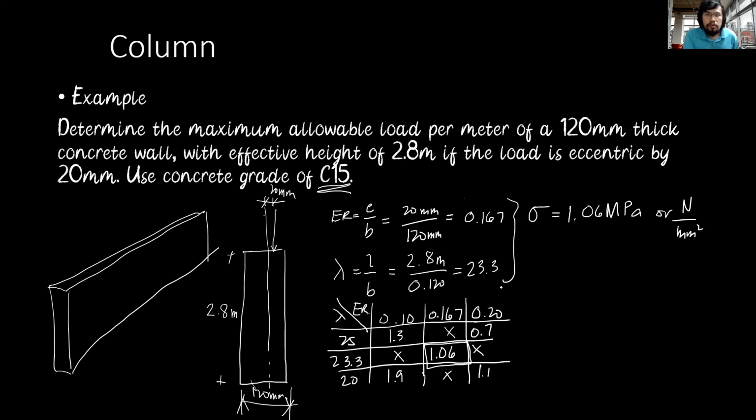To solve for the allowable load per meter, we simply now multiply this by, the allowable force is 1.0 times 0.12, times 1.06 Newton per mm squared.